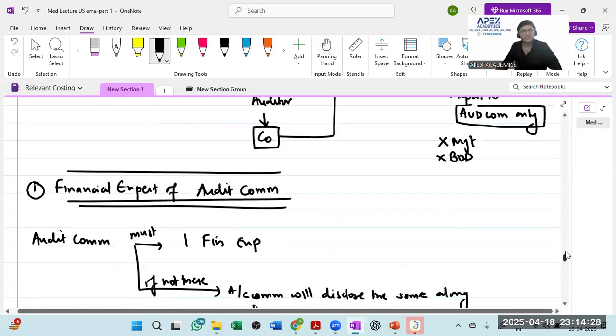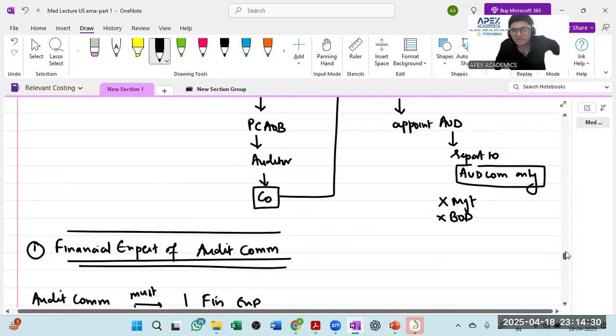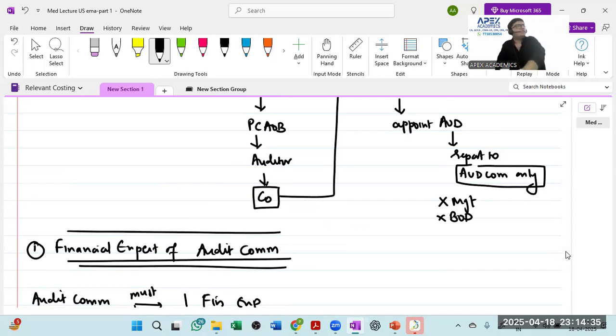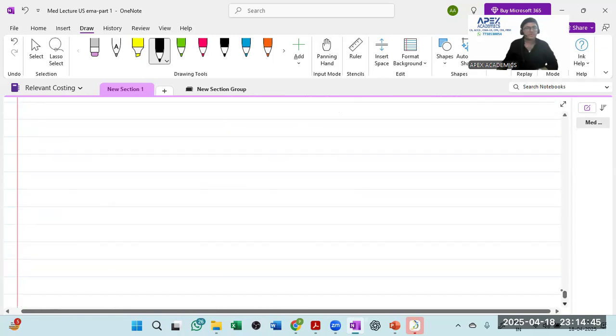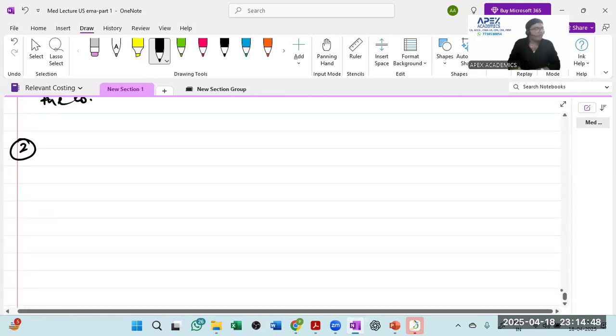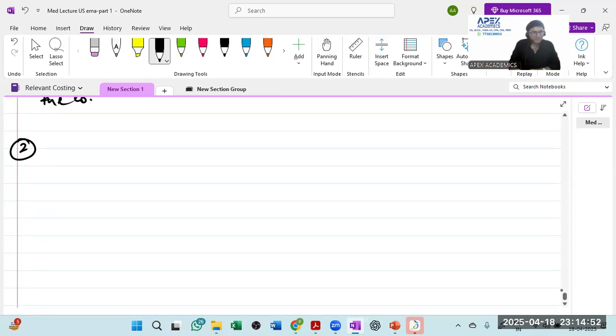Sir, this point was only catering so far to what? The financial expert of the audit committee. Sir, concept number two, the most important concept in this, is the responsibilities of the audit committee.